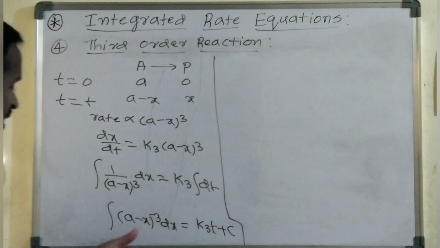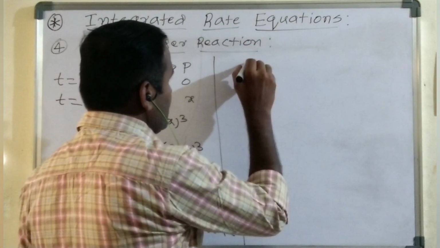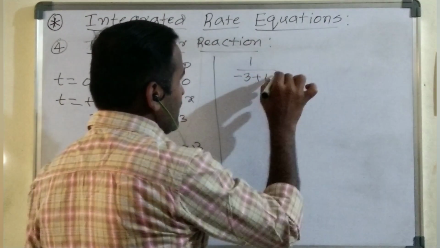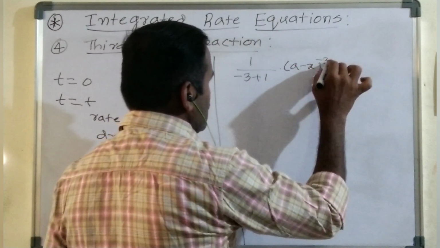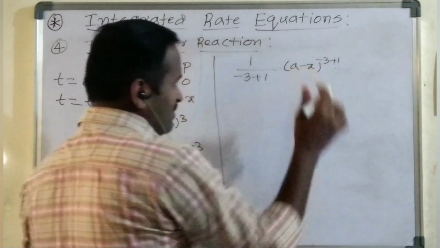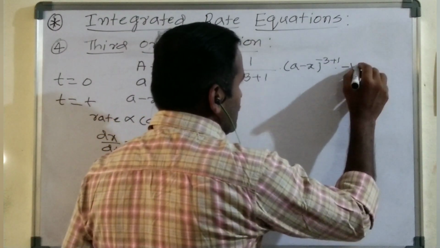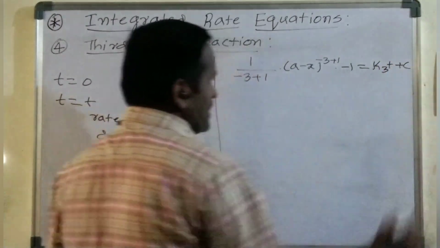Now the integration of (a minus x) whole power minus 3 gives 1 by (minus 3 plus 1) into (a minus x) whole power minus 3 plus 1, into the integration of minus x, which is minus 1, equals k3t plus c, where c is a constant.